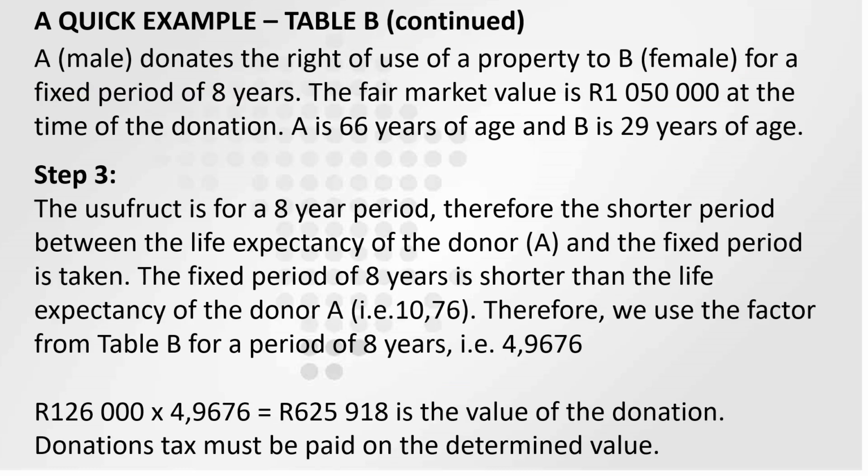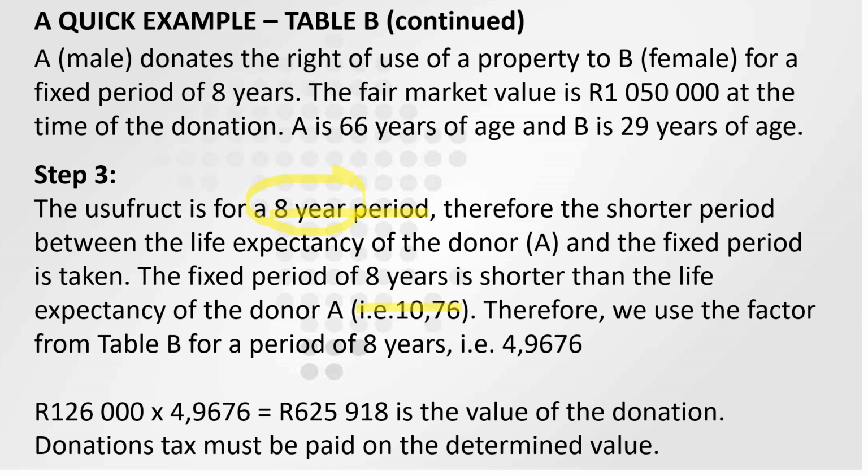We then go and look up in Table B what the factor is for an 8-year period, and we compare it to the life expectancy of the donor, who is expected to live another 10,76 years according to Table B. So the shorter of the two is the 8.